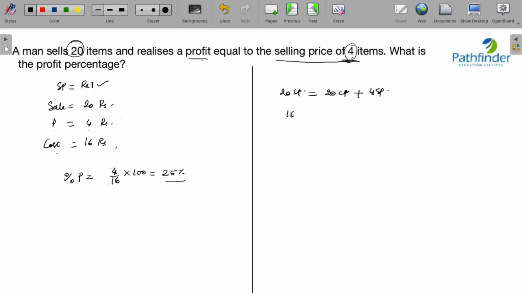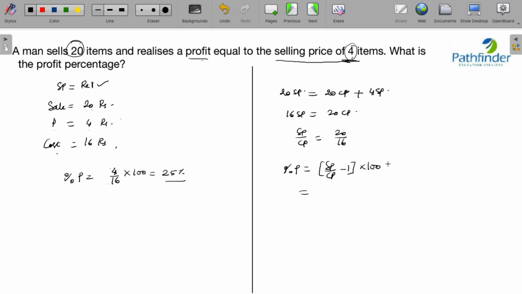So what do you get? 16 times SP is 20 times CP. So SP upon CP is 20 by 16. And once we get that, percentage profit can be calculated as SP by CP minus 1 into 100.